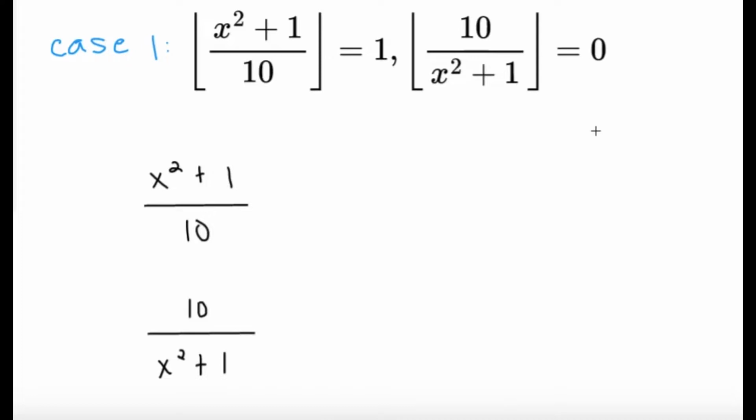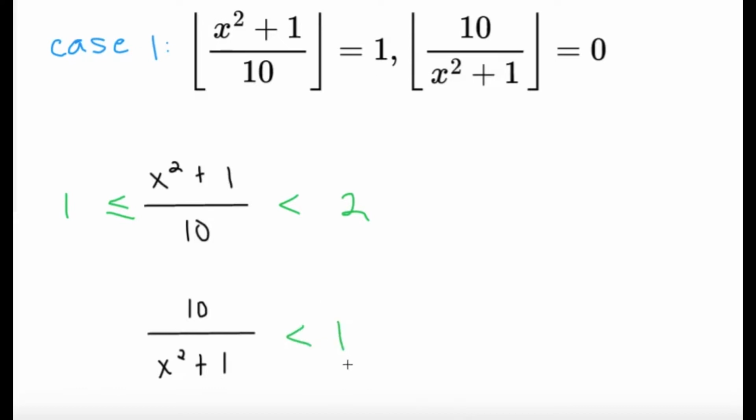As with a lot of questions on the floor function, we're going to use the fact that, since the floor of (x squared plus 1) over 10 is 1, we know that the value must be greater than or equal to 1, but less than 2. Next, for the floor of 10 over (x squared plus 1) being 0, we technically don't have to consider it being greater than or equal to 0 since we know it's going to be true, because it's already positive.